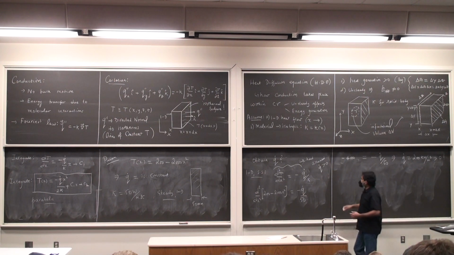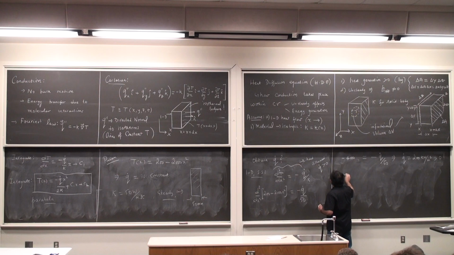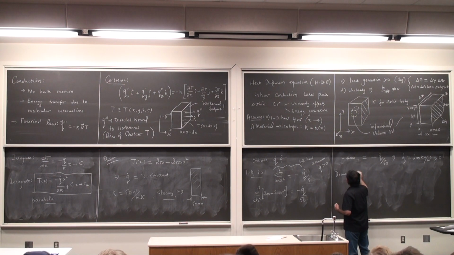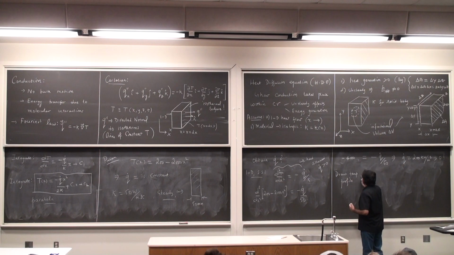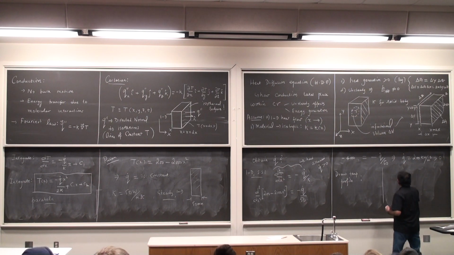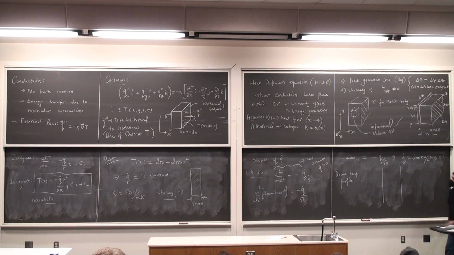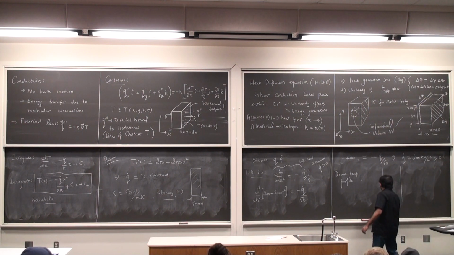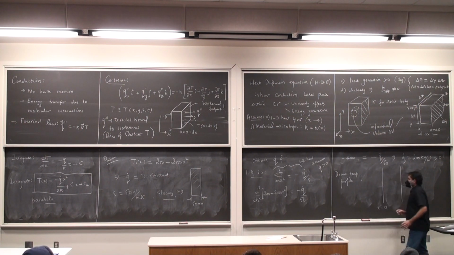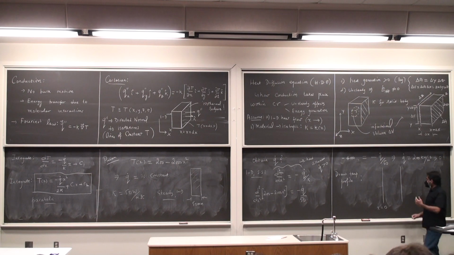Draw the temperature profile. Watch this. X is equal to 0 is the left hand side. I'm going to say x is equal to some thickness T is the right hand side.